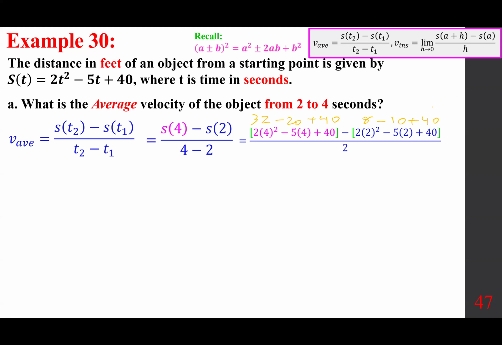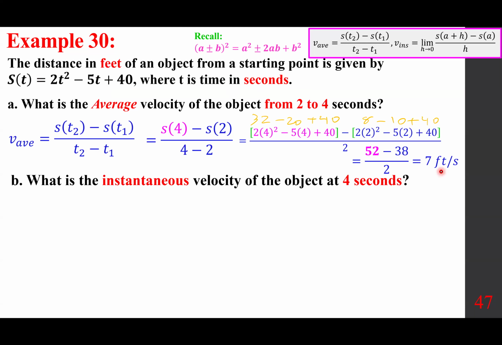So 52 minus 38, it's 14 divided by 2, which is 7 feet per second. By the way, as far as the units are concerned, units of the numerator over the units of the denominator. The numerator, the change in feet, over the change in seconds.